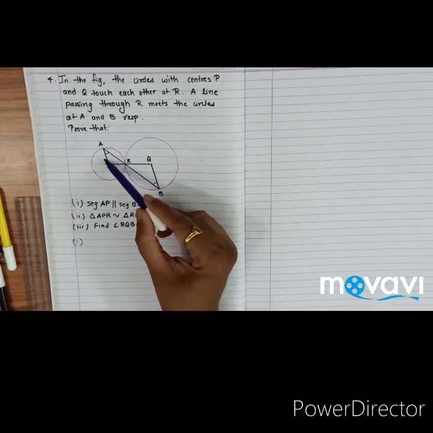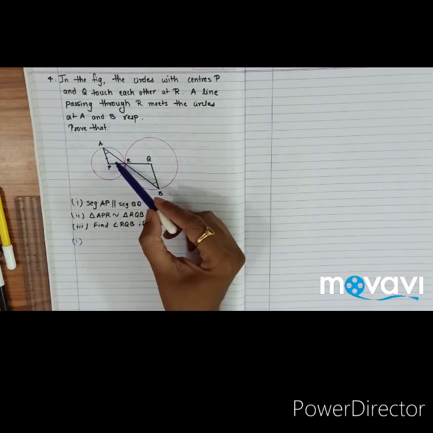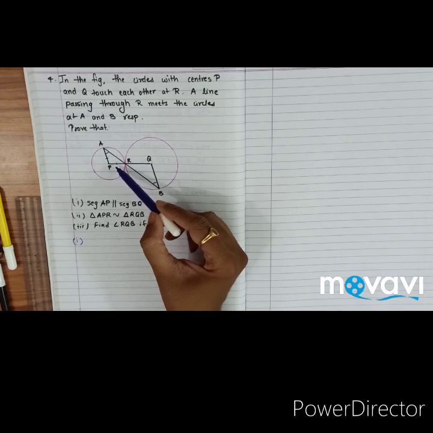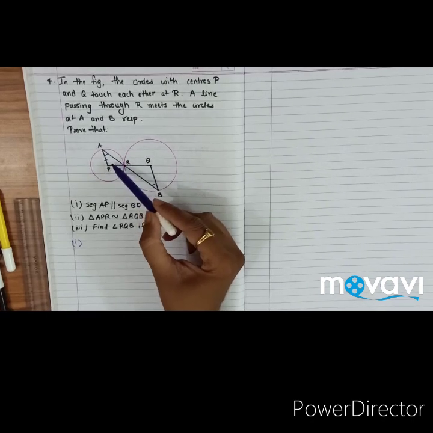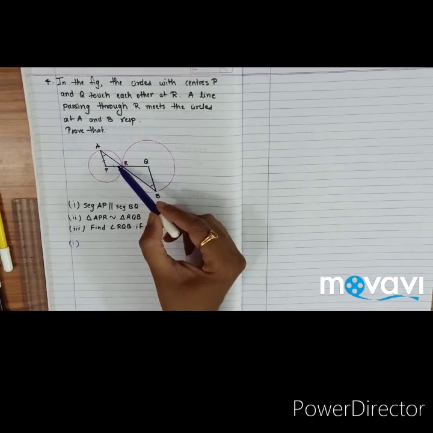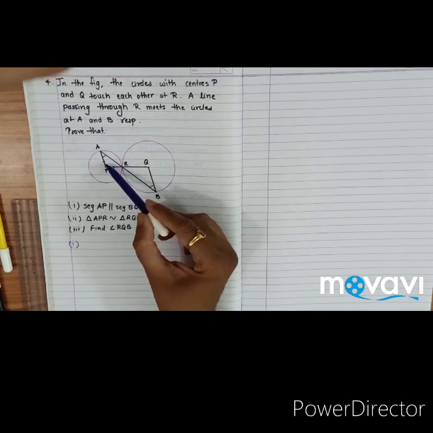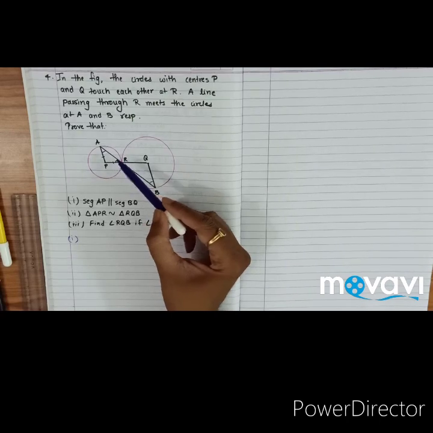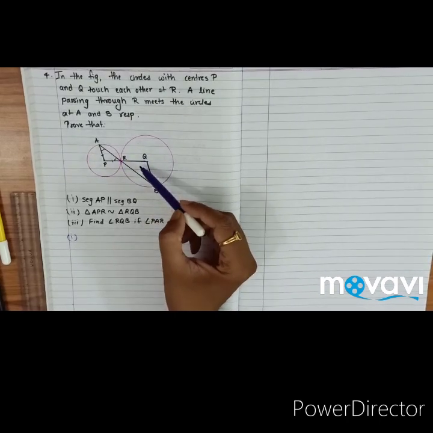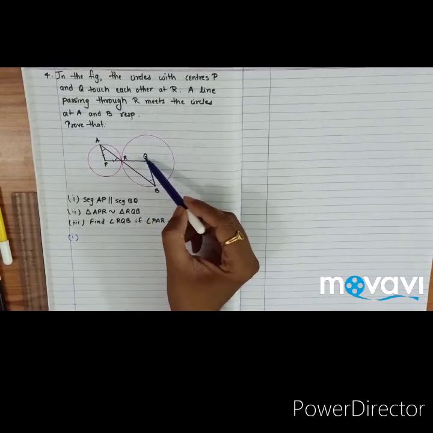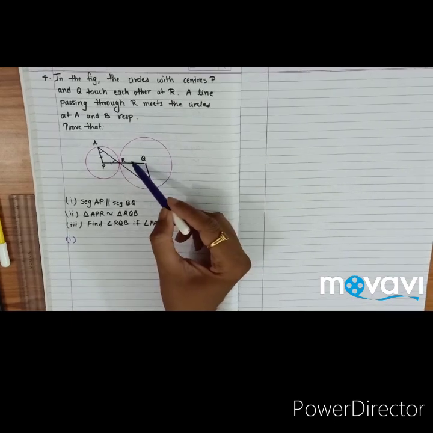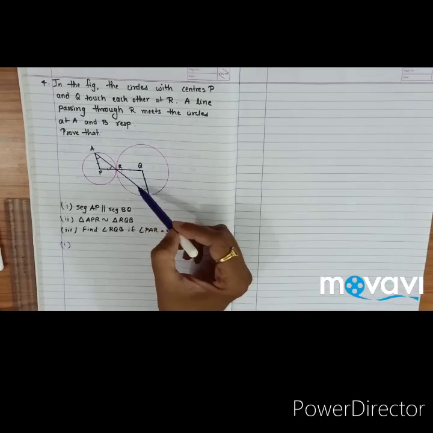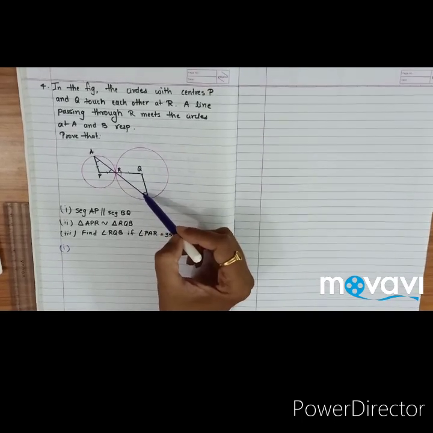Why? Because AP and PR are the radii of the same circle, so they form an isosceles triangle. So the angles opposite to these sides, that is the base angles of the isosceles triangle, are congruent. The same way, if I take this triangle QRB, this is also an isosceles triangle, and the base angles are congruent to each other.